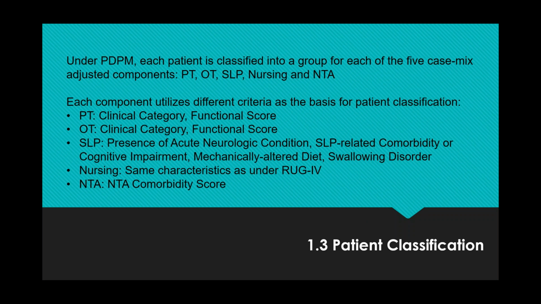For speech, there is present acute neurological condition, speech-related comorbidities or cognitive impairment, mechanically altered diet, and swallowing disorder. The nursing component has the same characteristics as under RUGs 4. And then there's the non-therapy ancillary component, which is based on their comorbidity score.